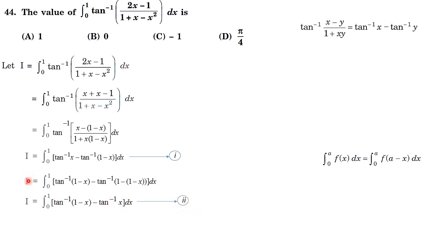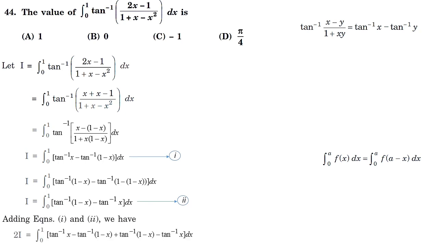Then when we add equations 1 and 2, I plus I is equal to 2I. Integral 0 to 1 is common, we can keep it outside. Then first equation: tan inverse x minus tan inverse of (1 minus x). Then adding the second equation terms: tan inverse of (1 minus x) minus tan inverse x.